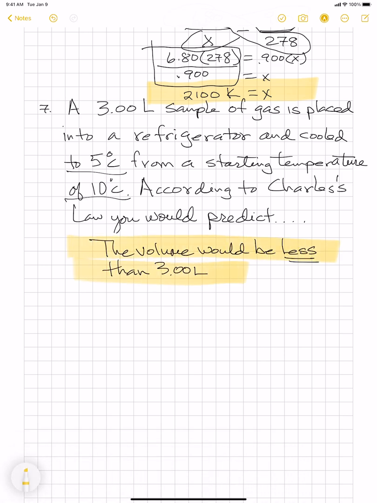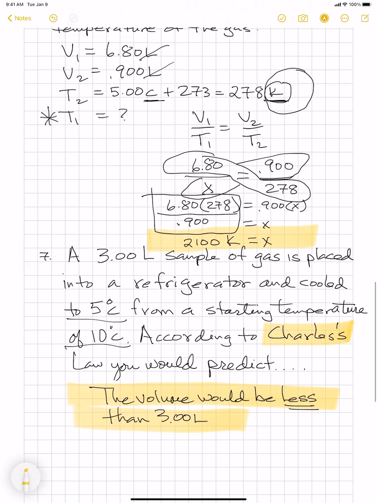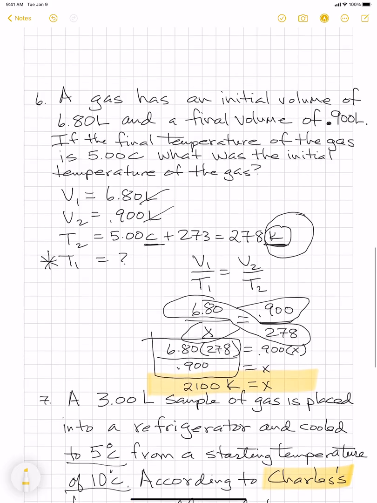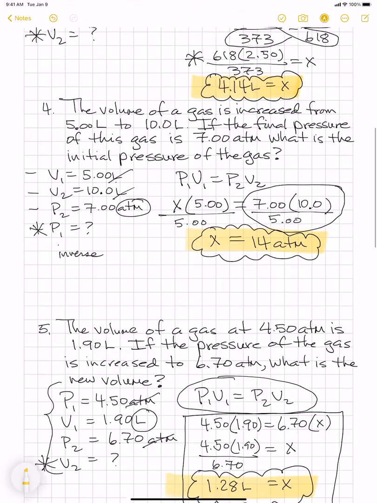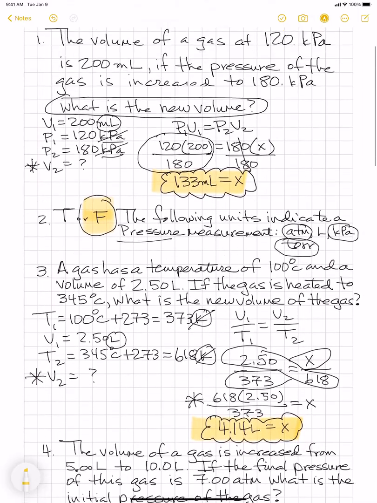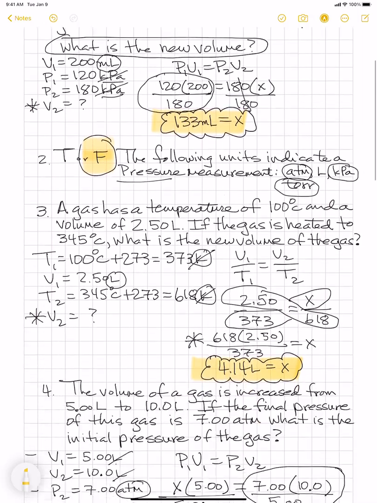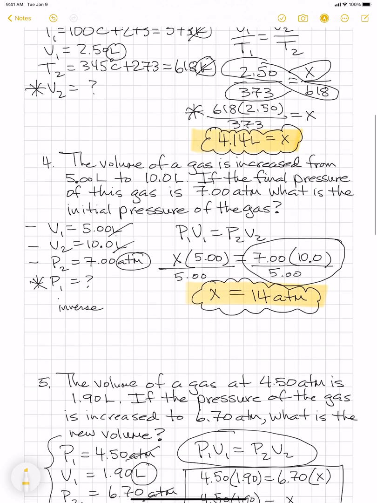It would be decreased by half because according to Charles' law, which says that temperature and volume are directly proportional, if you cut one in half, you cut the other one in half. All right, so that's a run through of a version of the test. But like I said, the other problems are very, very similar. You notice that in this test, I'm seeing 1 Charles Law problem, let's see, 2 Charles Law problems, and 3, it looks like 3 Boyles Law problems.